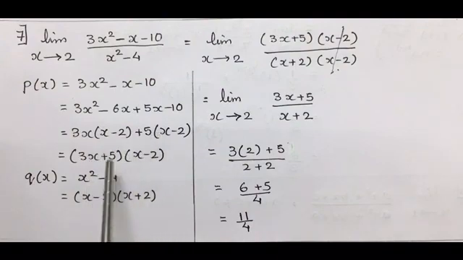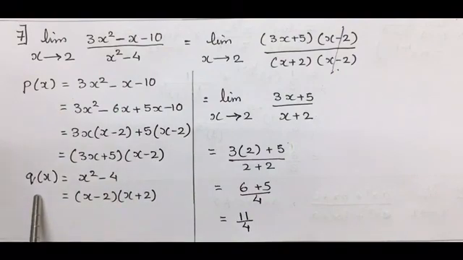So the factors are 3x plus 5 and x minus 2. Factorizing q(x), it is given x square minus 4. So using a square minus b square, we get (x minus 2) into (x plus 2).